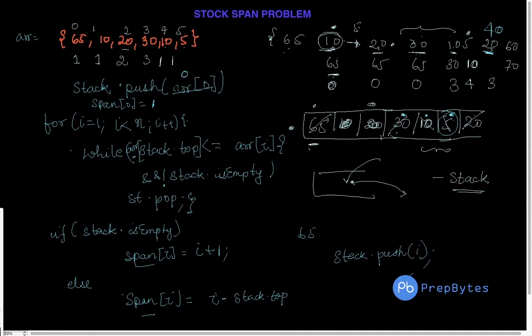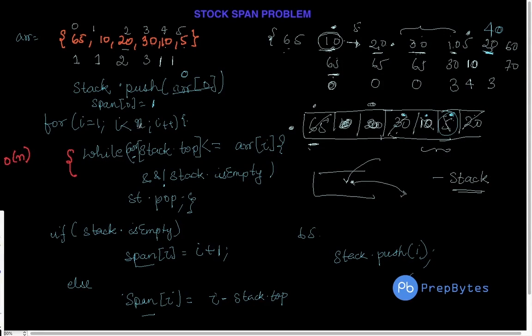Now let's see the time complexity. Though we have a while loop here, if we see the number of operations, each element was pushed in the stack exactly once and was taken out from the stack exactly once, right? So this whole push and pop takes extra time of just O of n.